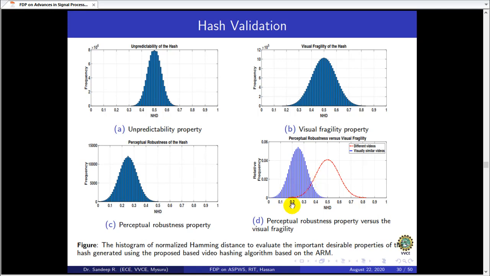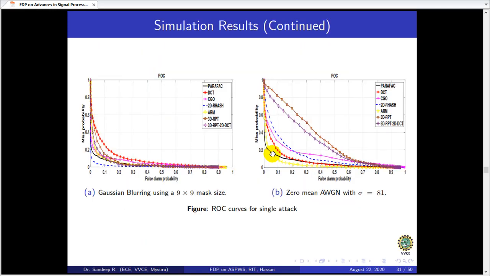To check that, again we'll use the receiver operating characteristic curve for different single and multiple image processing attacks. Here, only for demonstration, we have shown only some of the attacks. Again, for Gaussian blurring, you can see that the one in yellow is the RP. It is comparable to the existing methods.